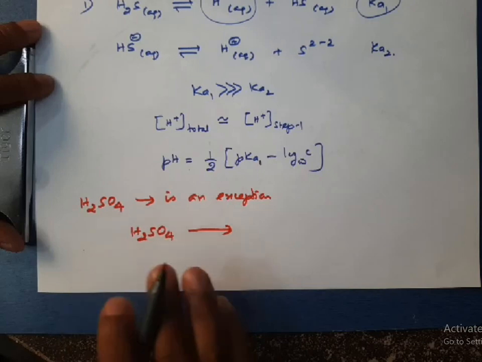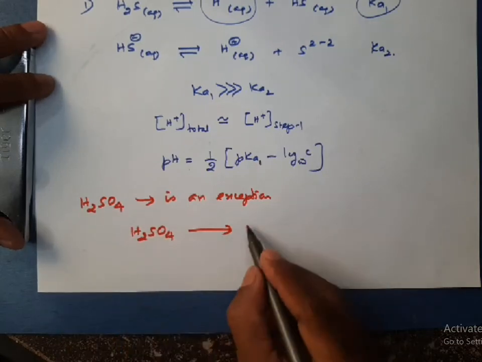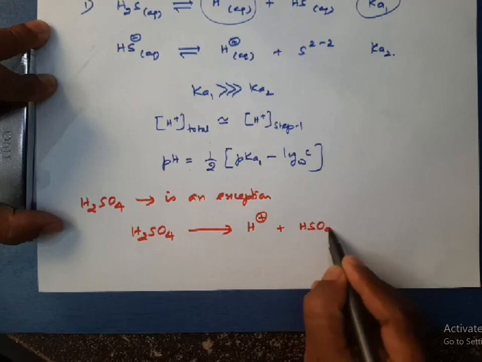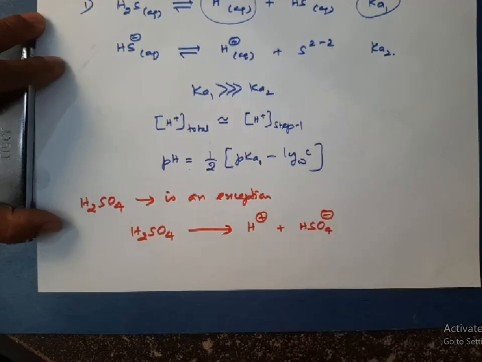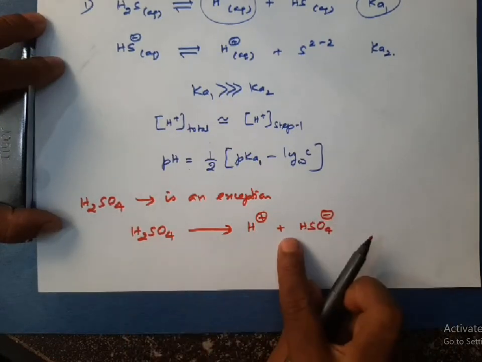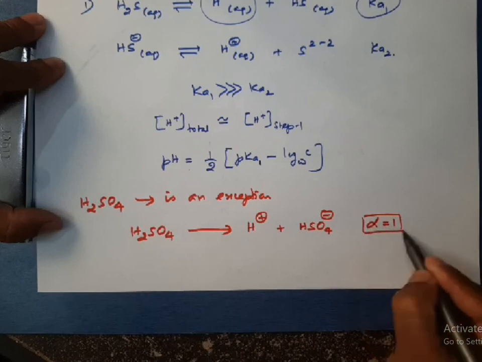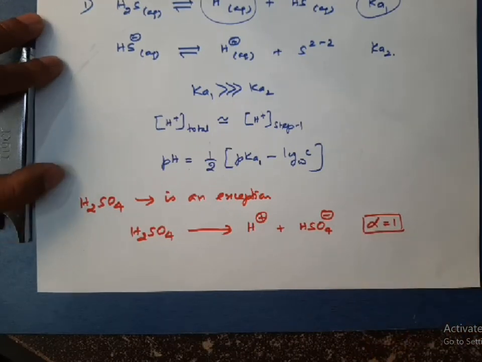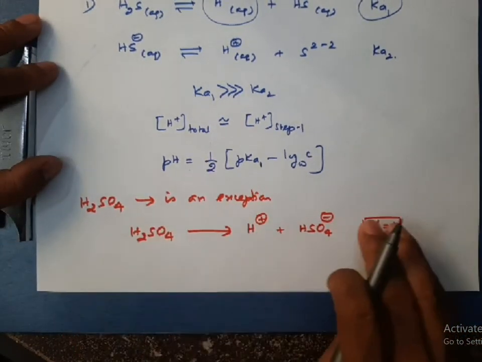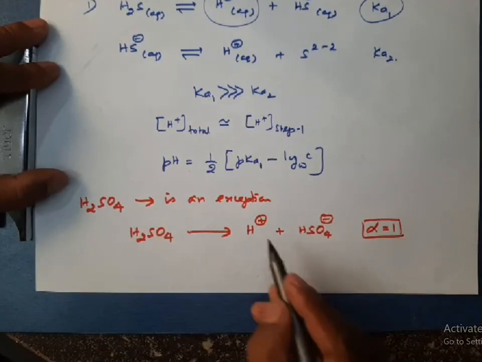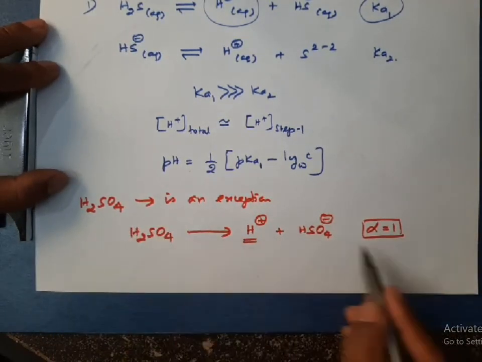It will undergo complete ionization and give HSO4 minus ion. For this step, alpha is approximately equal to 1. That means the first step will undergo almost complete ionization, so you will get a huge number of H plus ions through the first step.